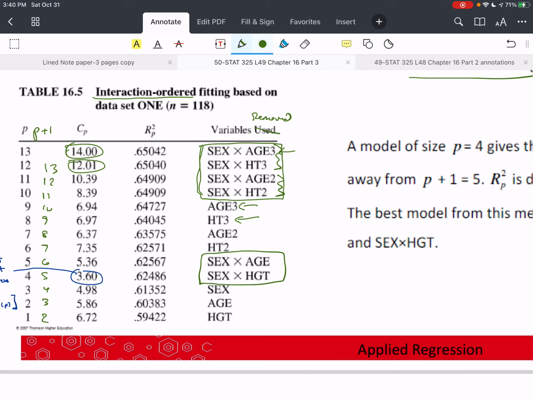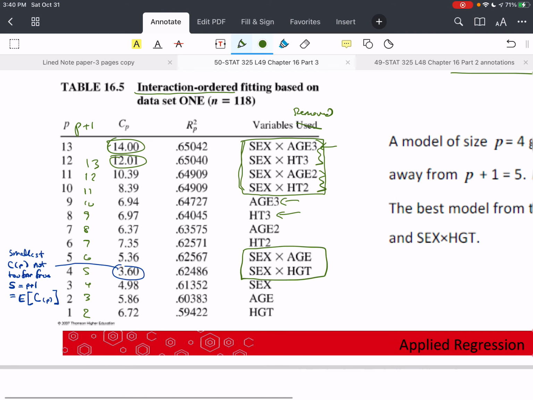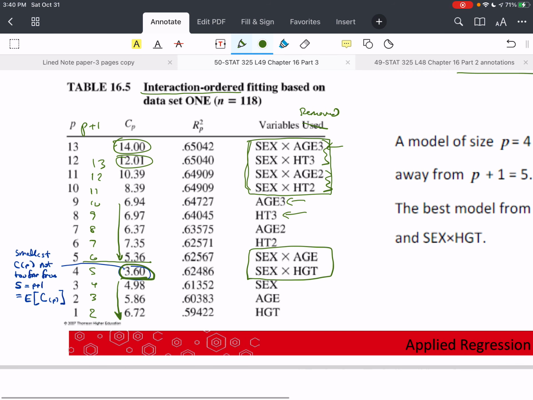And we see that this is pretty close to 6. But we're looking for the lower one. And you notice that what happens is it keeps going down until there, and then it goes back up, increases. Okay? So this is the minimum value. So that makes us look at this model with 4 values.